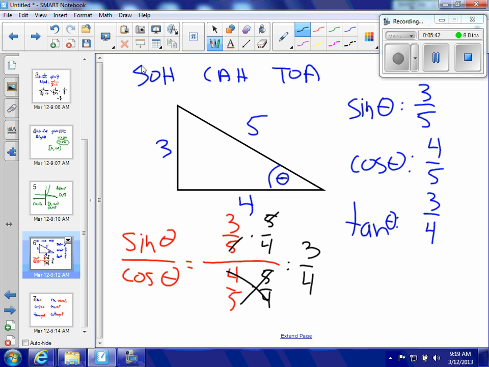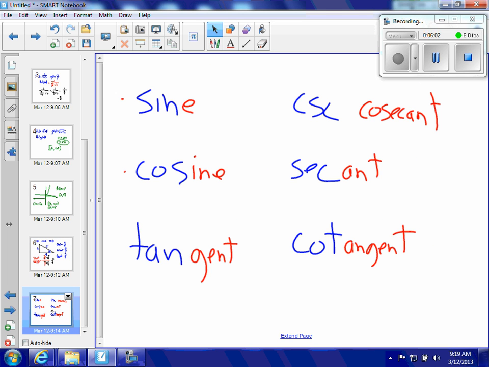So that's why I said if I know what sine is, and I know what cosine is, I can easily find out what tangent is. I just divide sine by cosine. That make sense? Okay. But Mr. Jenkins, there are 6 functions. You only gave us 3. Because these are simply the reciprocal of their pair.